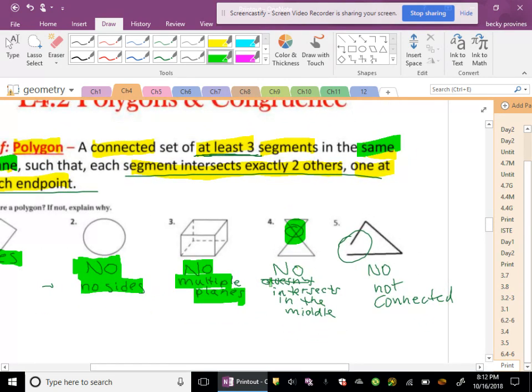What I wrote here, and I was having trouble wording it eloquently, I said intersects in the middle. It doesn't intersect at the endpoints. So it's a no. And for number 5, the answer again is no, because it has to be a connected set. It's not connected. It's called being an open figure.